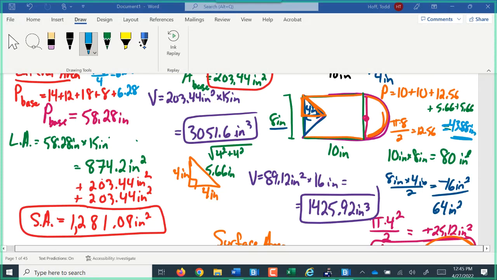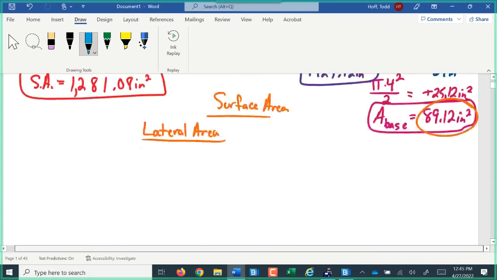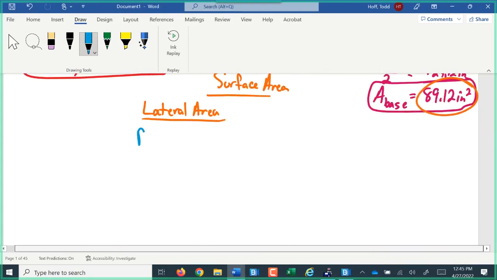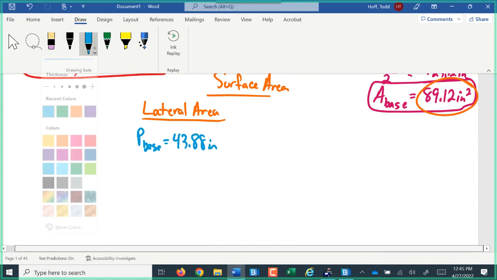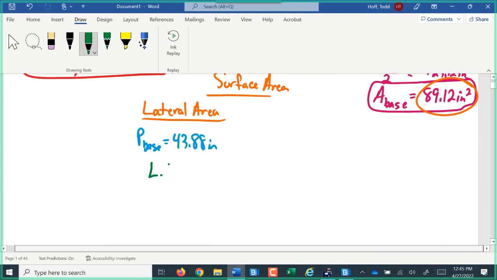You guys concur? Yeah. I think it's 43.88. Yep. So our perimeter of our base is 43.88 inches. How do we find our lateral area from that?